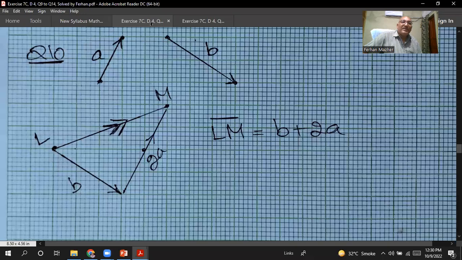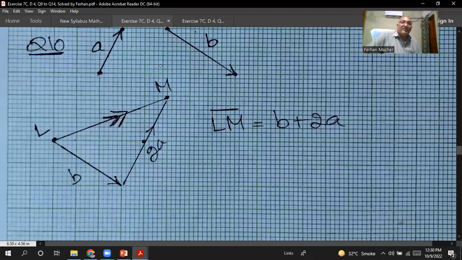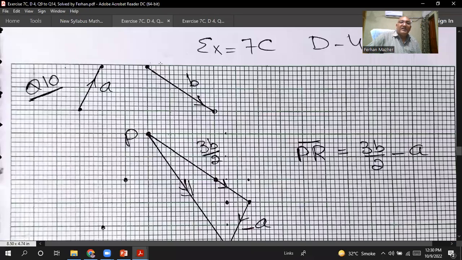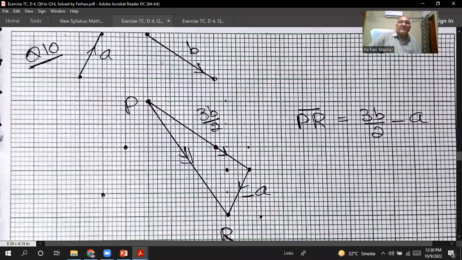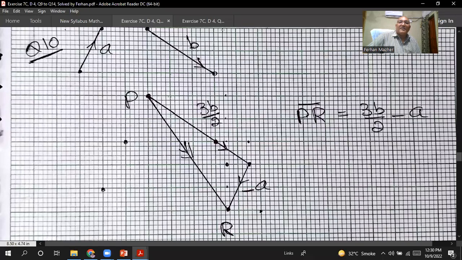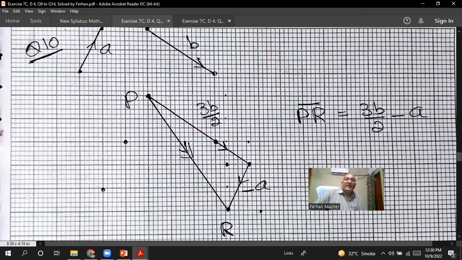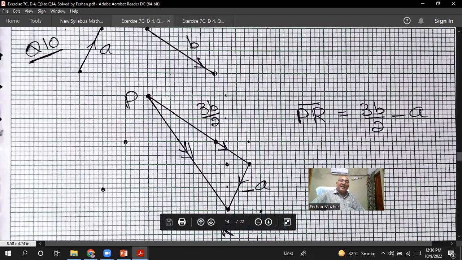Okay, the next part is PR. So they want me to represent PR. Okay, the PR. Here it is. So the A, this is A, 1 to the right, 2 steps up. B is 3 steps to the right, 2 steps down. And here is the PR.